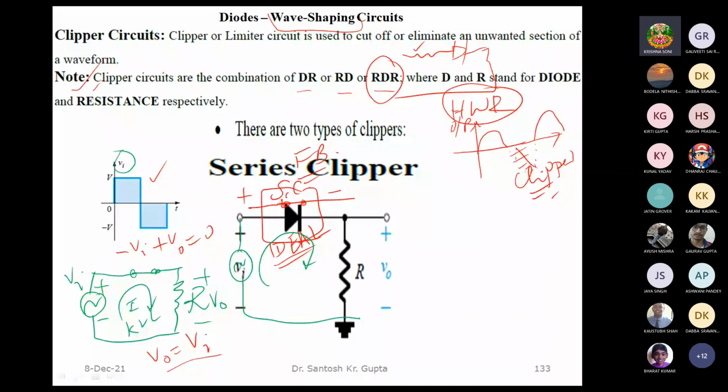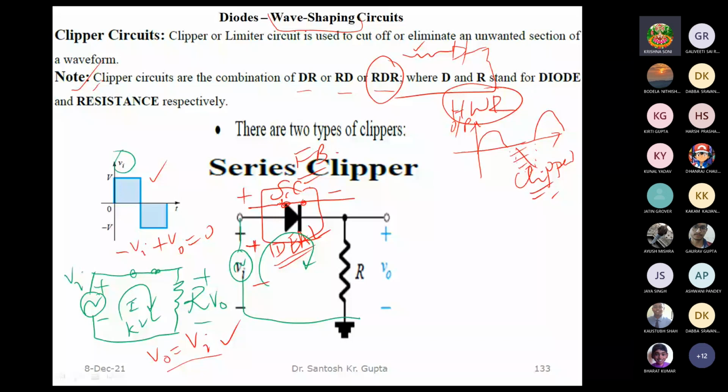Okay. So this output voltage is valid only for the case when we have the input voltage with positive polarity facing the P side of the diode and negative facing the N side, for the case when the diode is on.